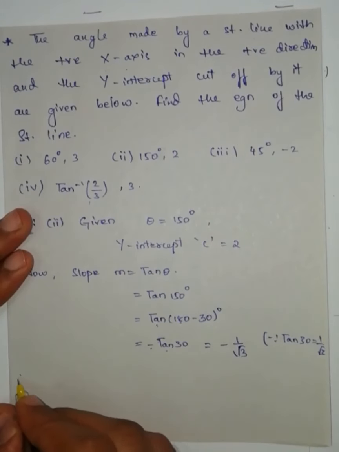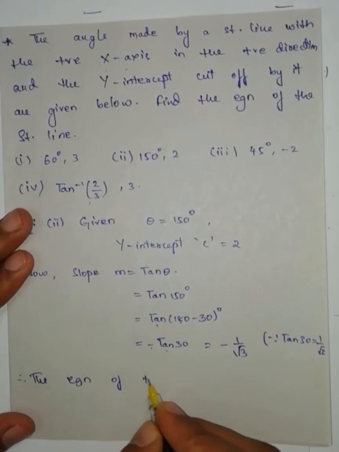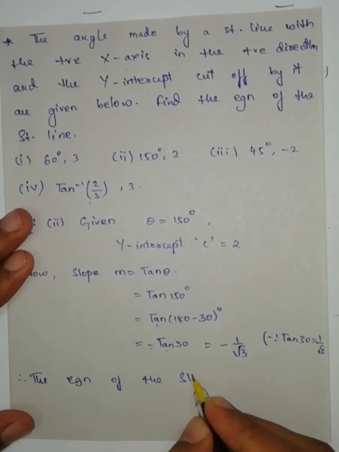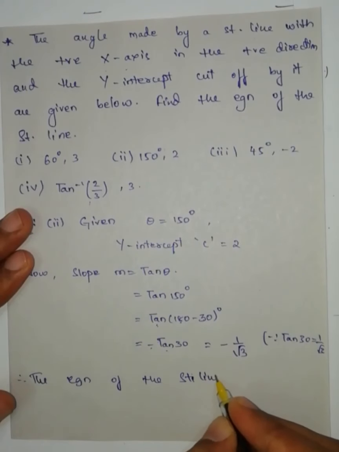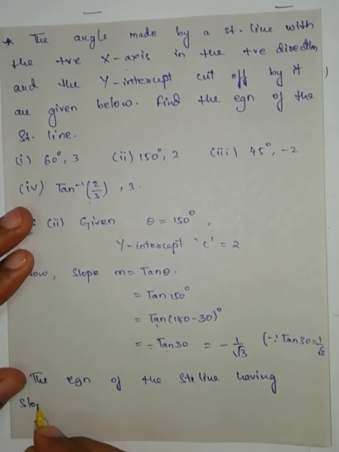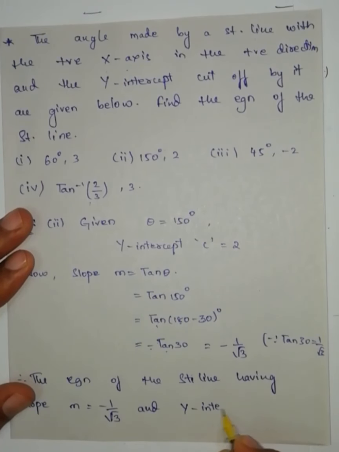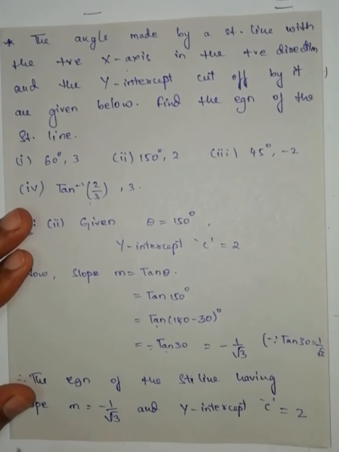Therefore the equation of the straight line having slope m equal to minus 1 by root 3 and y-intercept c equal to 2 is y equals mx plus c.